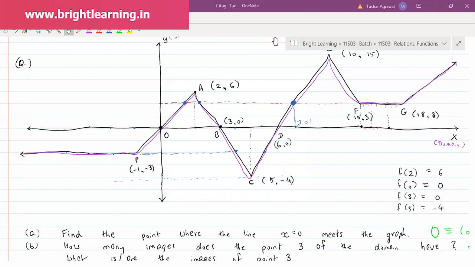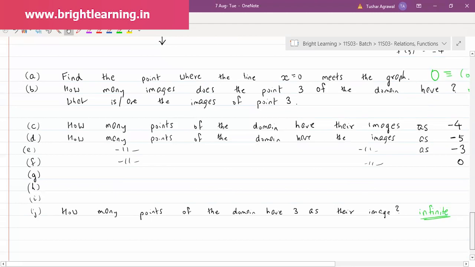Then answer in the chat box. Unless you answer, how will I get to know whether you're understanding or not? The F part, how many points of the domain have their images as 0? It's a simple question.